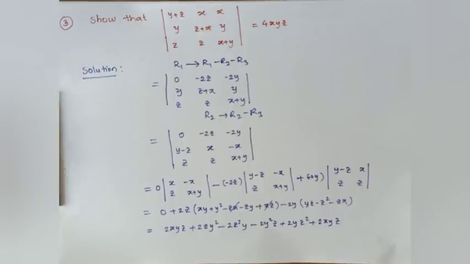Now, here we can observe 2zy square and 2zy square, 2z square y and 2z square y. So the remaining is 2xyz and 2xyz, that is 4xyz. So this is our RHS part.